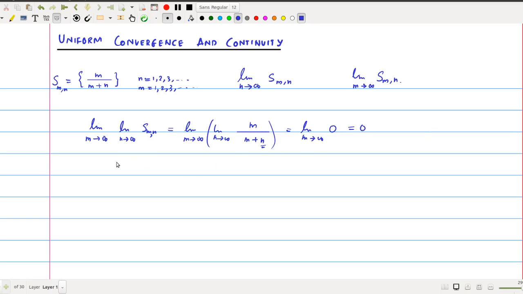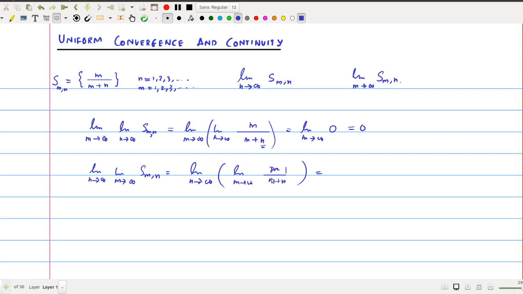But if you consider the limits the other way around, the limit as n tends to infinity of the limit as m tends to infinity first, we need to take the limit as m tends to infinity first of m by m plus n. Fixing n and taking this limit, as m tends to infinity, numerator and denominator both tend to infinity, so we rearrange by dividing throughout by m.